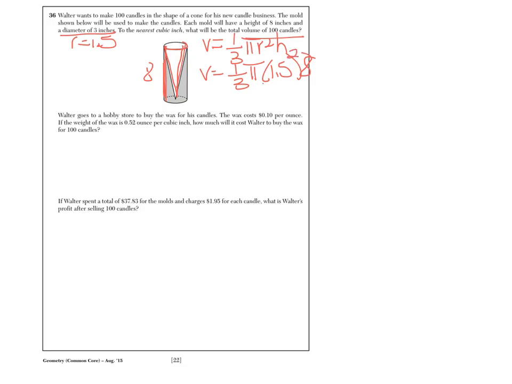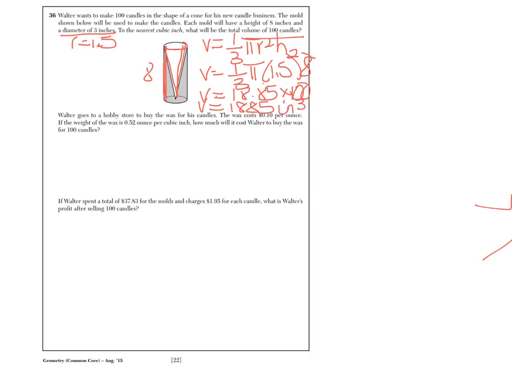That gives us a volume for one cone to be 18.85, and now we need to find for 100 cones, so we multiply that by 100 and get 1885, and that is cubic inches.